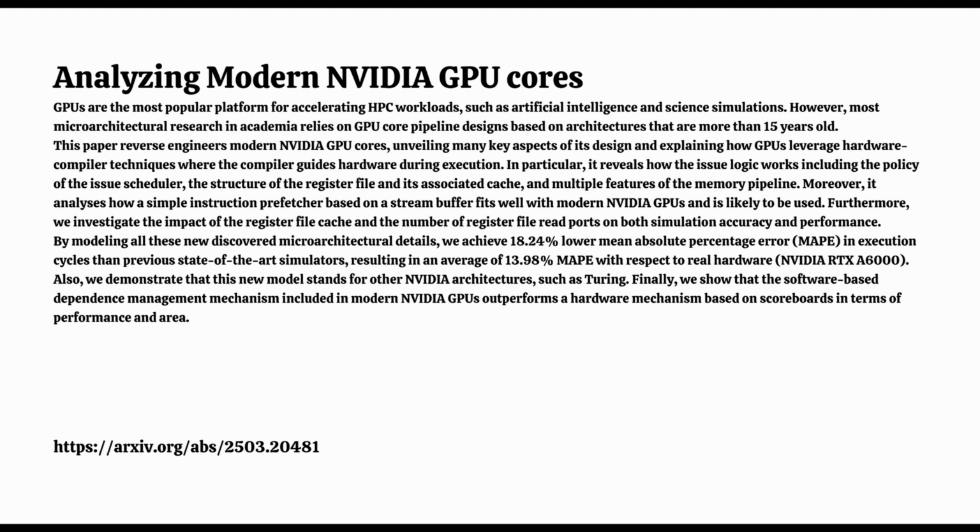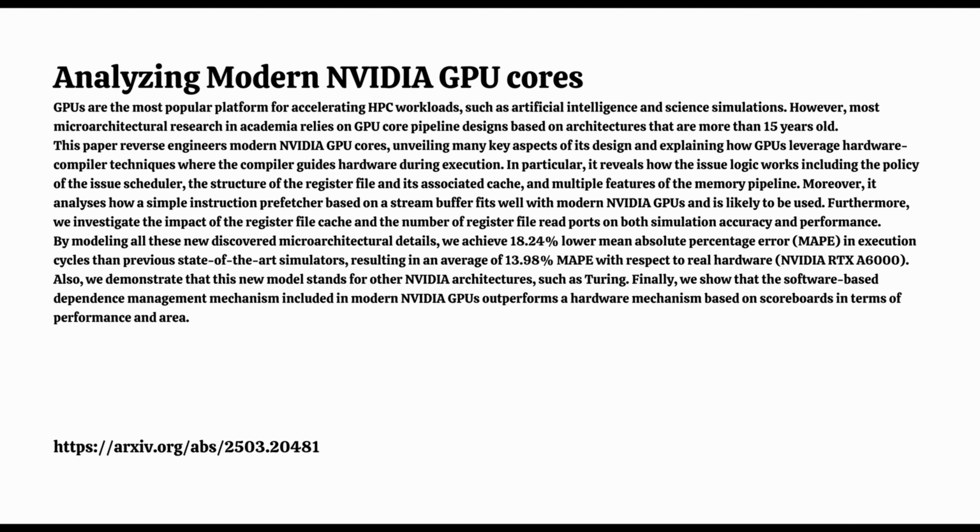Yes, Table 7. The key finding there was that the control bit approach NVIDIA uses has a much lower estimated hardware area overhead compared to a traditional scoreboard while achieving similar performance accuracy. That's a significant saving, especially as you pack more warps onto an SM, like in newer architectures. Exactly. It implies this approach scales well.